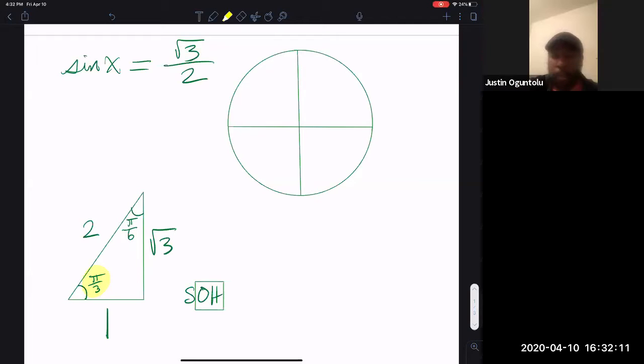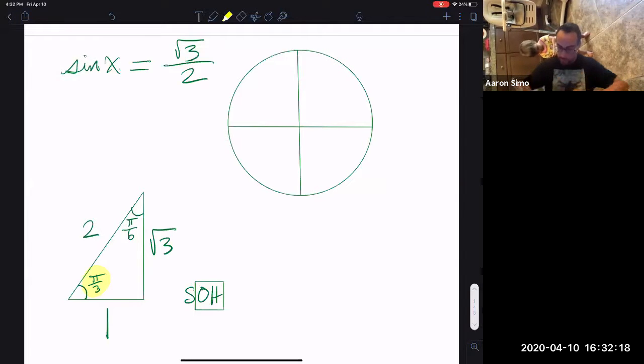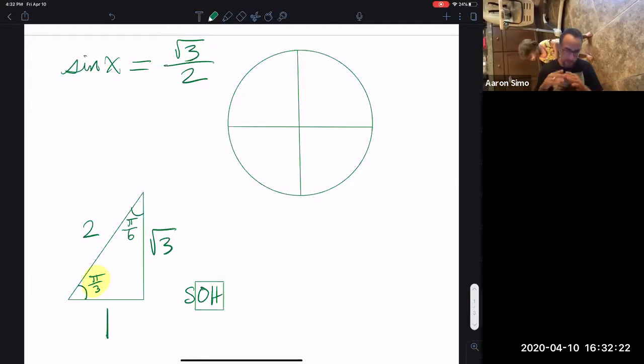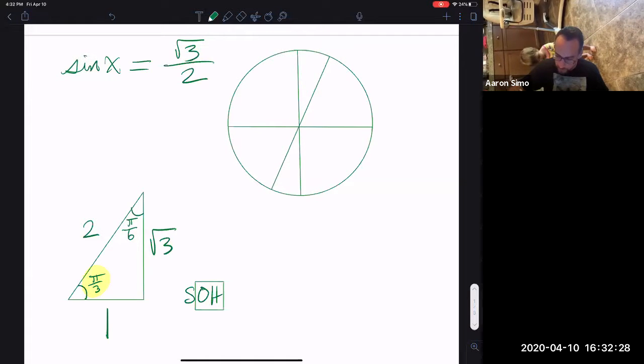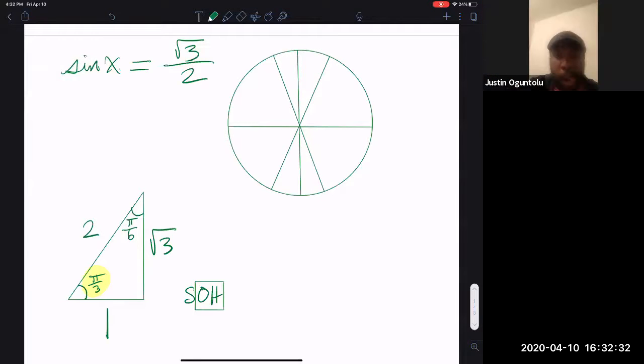Or you could memorize the circle of trig. If you don't want to do the triangle way, then just memorize the circle of trig and do something like this. Root 3 over 2 is a bigger number, so I'm going to go here. I want these guys. I want the skinny x instead of the fat x.